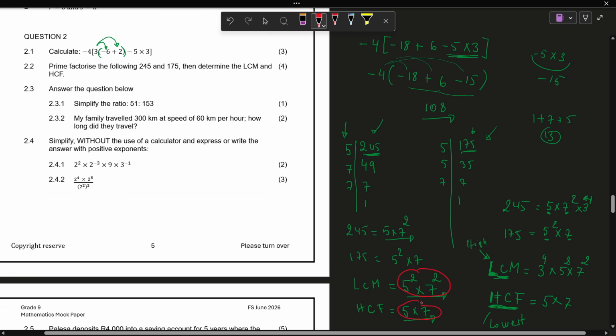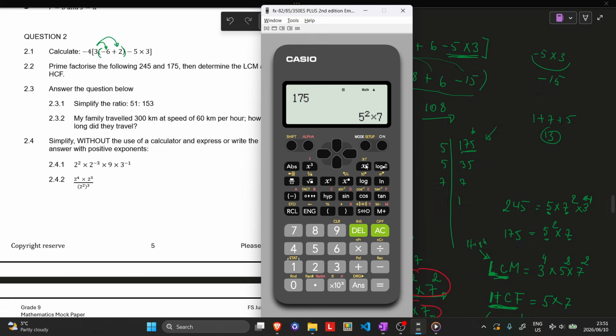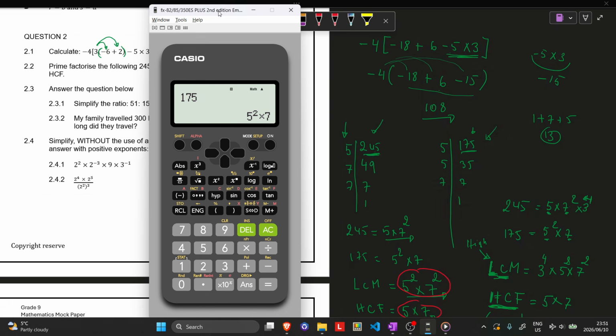Of course, if you want to write the lowest common multiple as a number, you can always use your calculator and find the number. So let me go back to the calculator. For instance, the lowest common multiple is 5 squared times 7 squared.